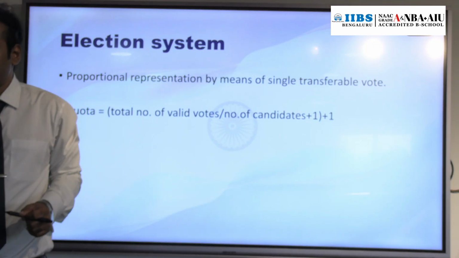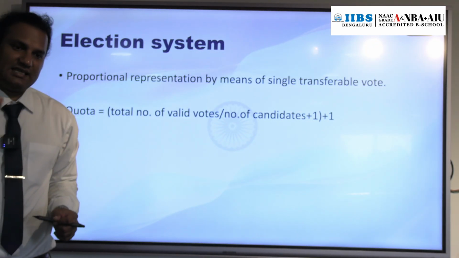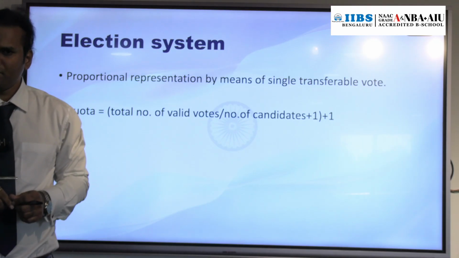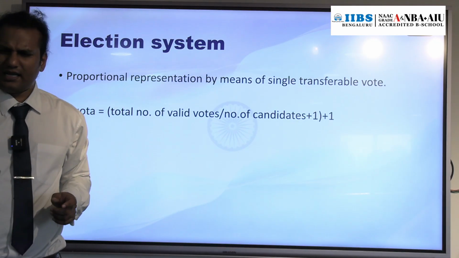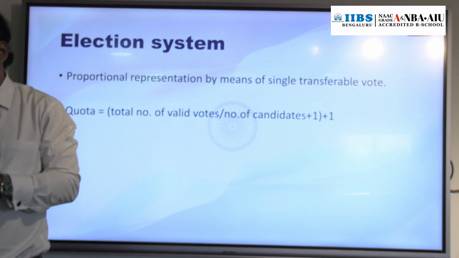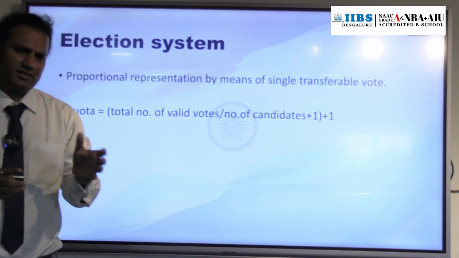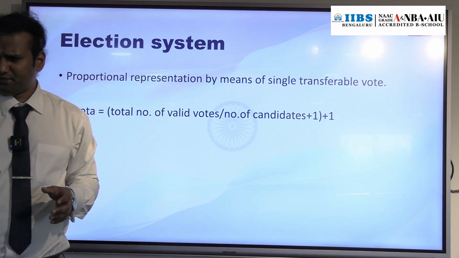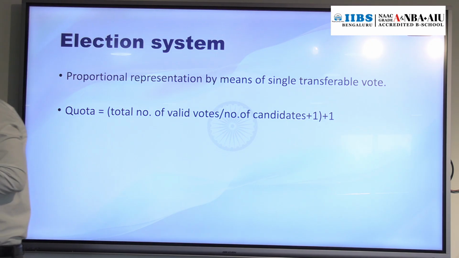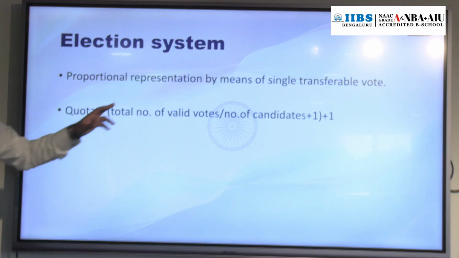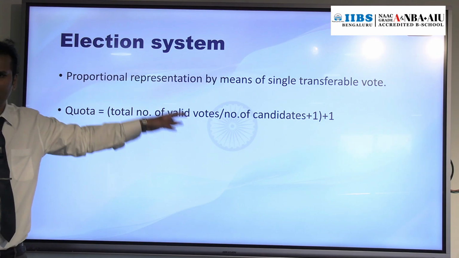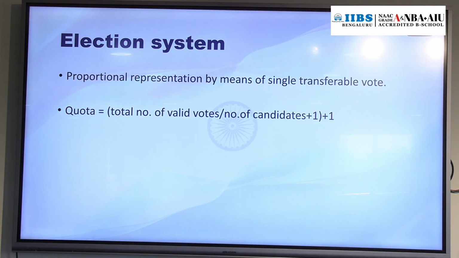Only V.V. Giri is the president who was elected in the second list. Generally, the candidate will have a huge majority in the first list only. Very rare cases will be there where the candidate is elected in the second list. So you understood? Election to the President of India.